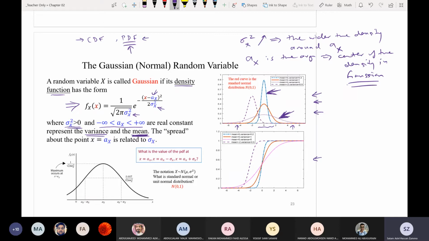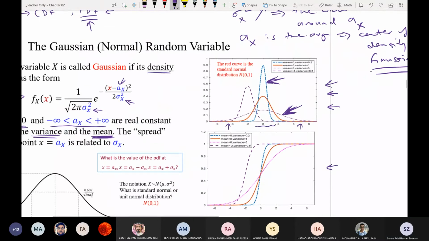Let's see now. We have here several PDFs. Let's erase and clean up a bit. Now, what do you think is the AX value for this blue density? AX, guys, equals what? The average is 0, right? It's 0.